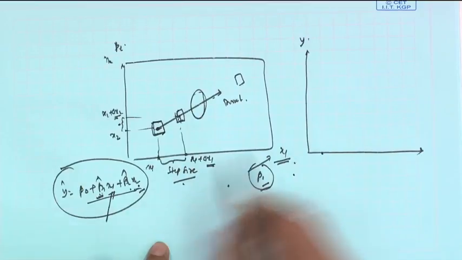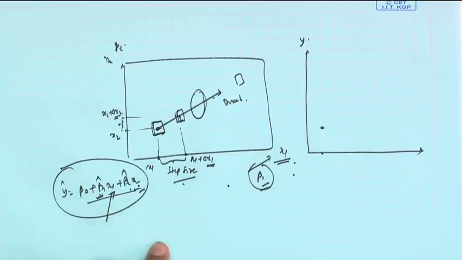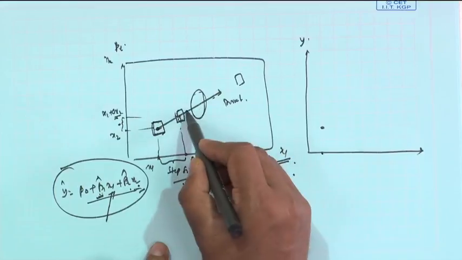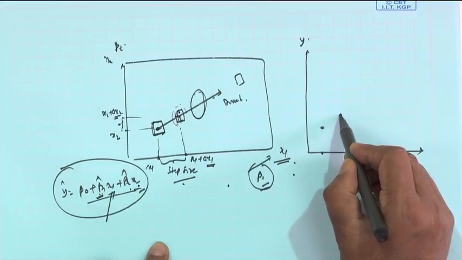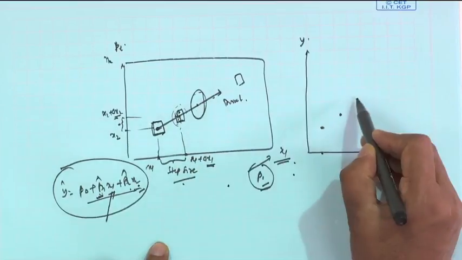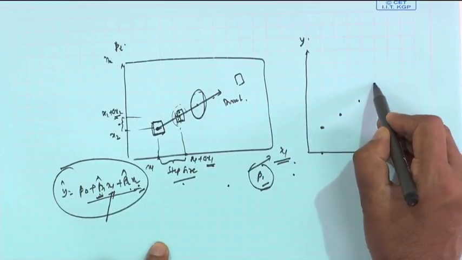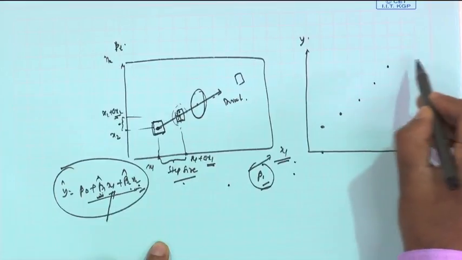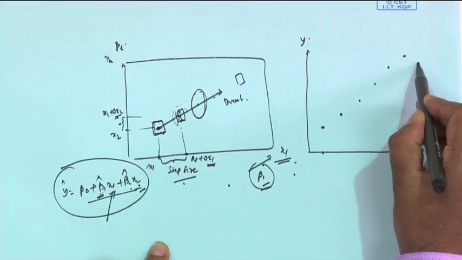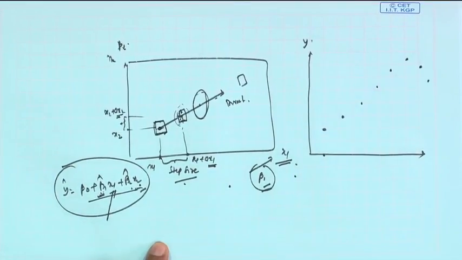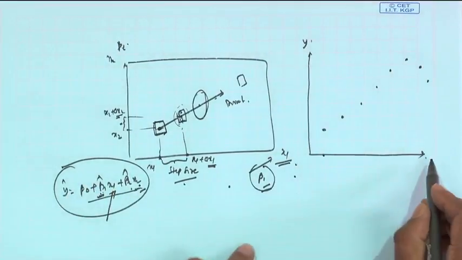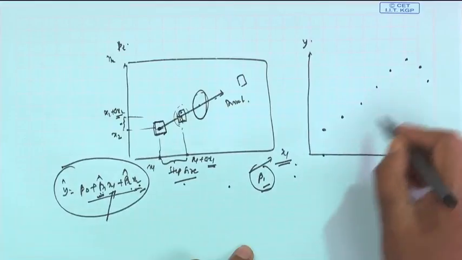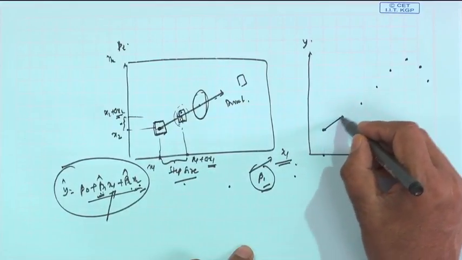This is my first experiment and the response value is this. Second set of experiment, the response value is this. Third, fourth, fifth, sixth, seventh, eighth, each with its response value. So you are going along the direction, and finally your curve is like this.